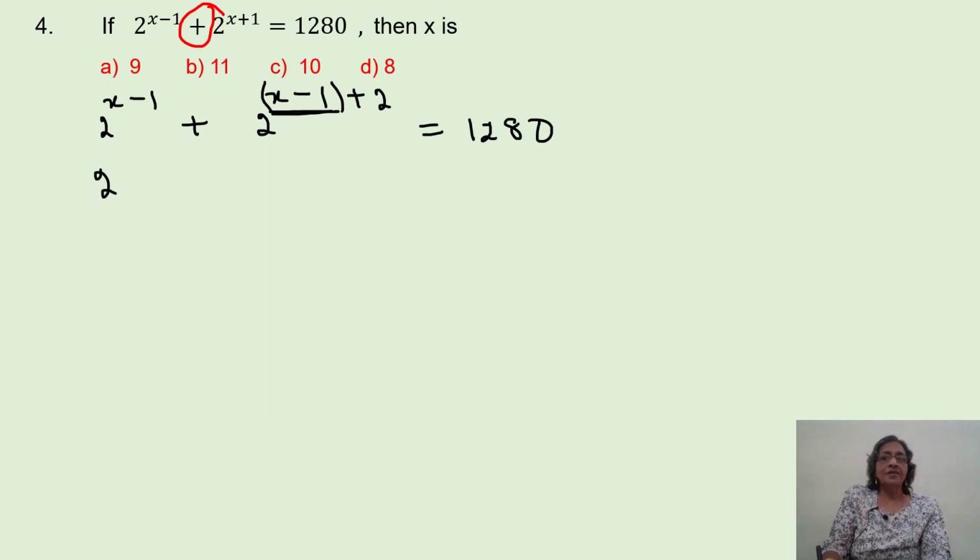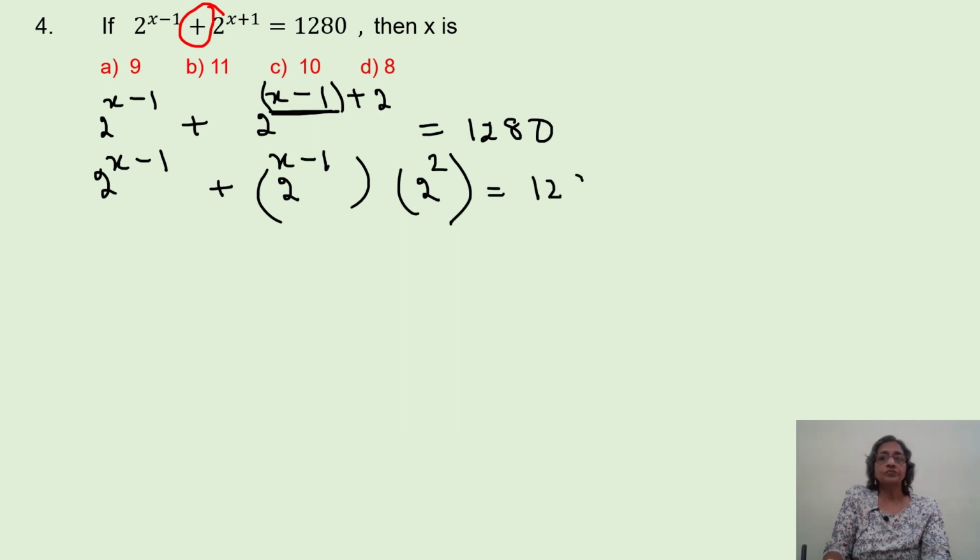So this can be written as 2 raised to x minus 1. Now over here, minus 1 plus 1, I have not changed anything. So this becomes 2 raised to x minus 1 and this will be 2 raised to 2. This comes from here.